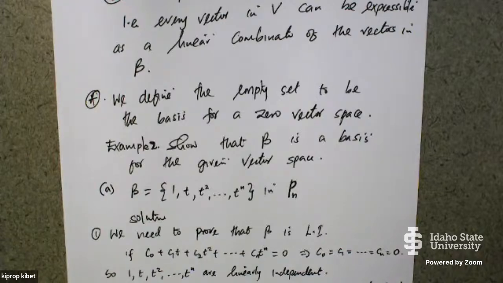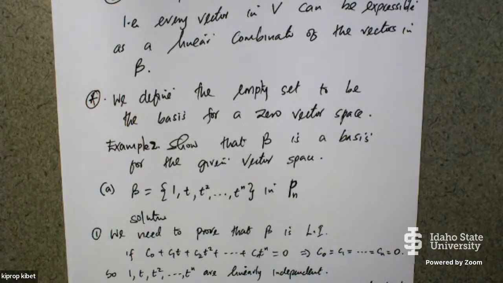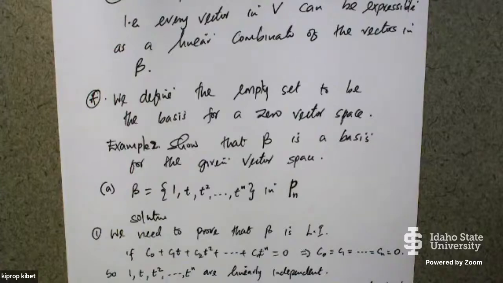Then therefore our B is a basis for P_n. Now this p(t) is in P_n, and c0 and c1 are real numbers, so that means p(t) is a linear combination.